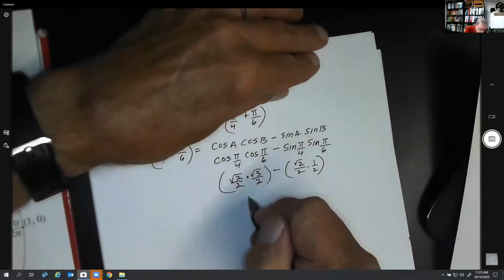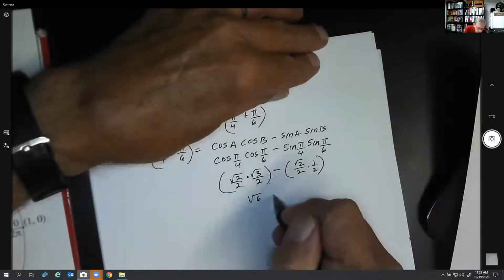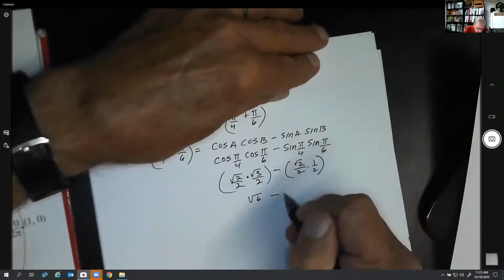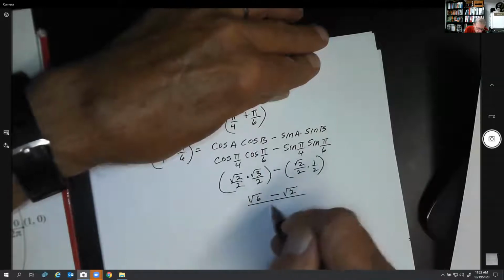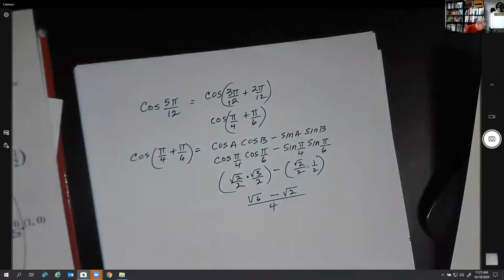So this looks like radical 6 minus radical 2, and they're both over 4, so we just put it over 4, huh? And that's what the book came up with. So it's a little tedious, but not too bad. It'll get worse.